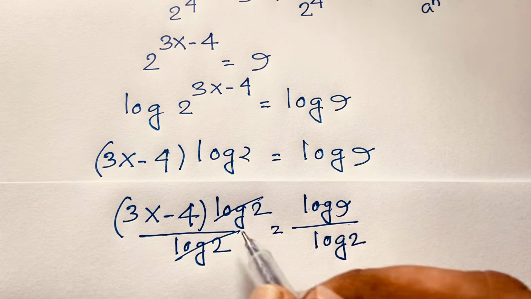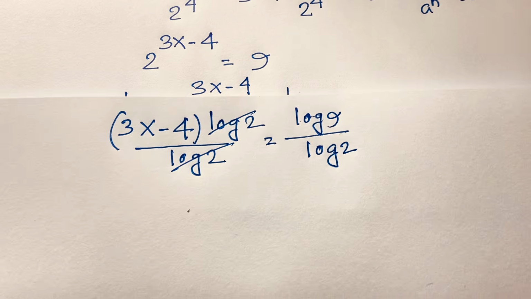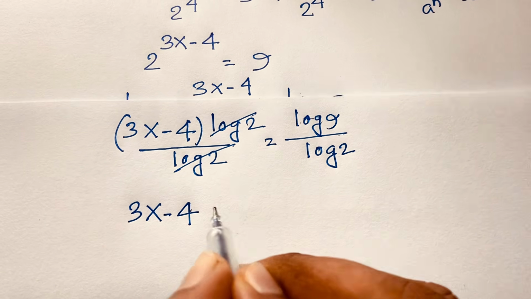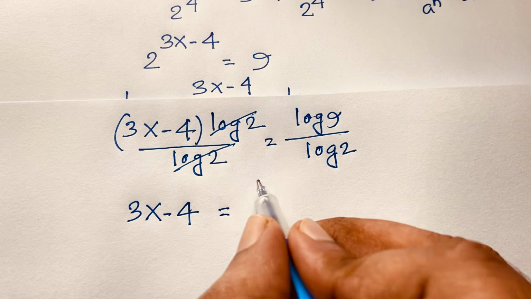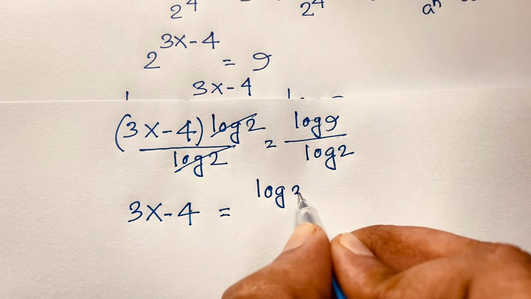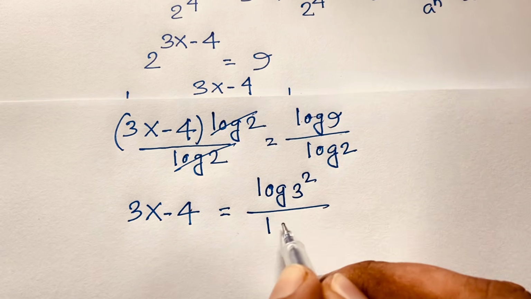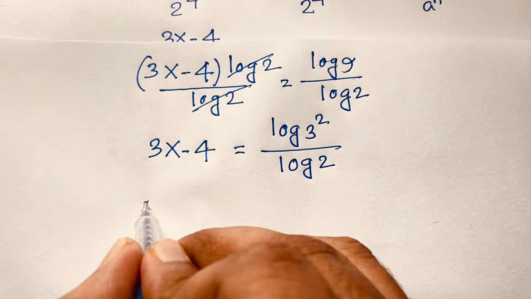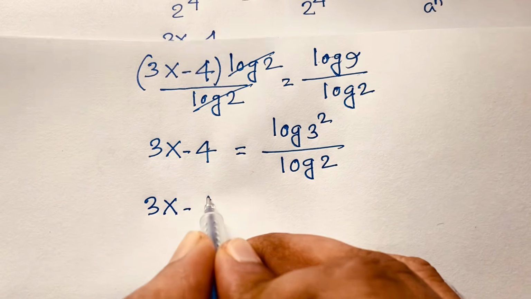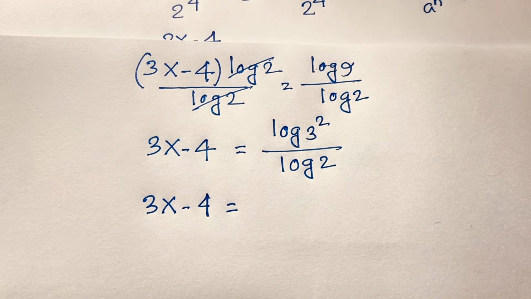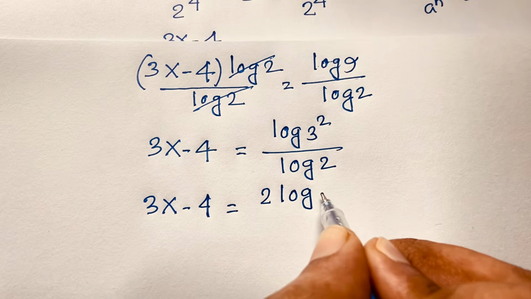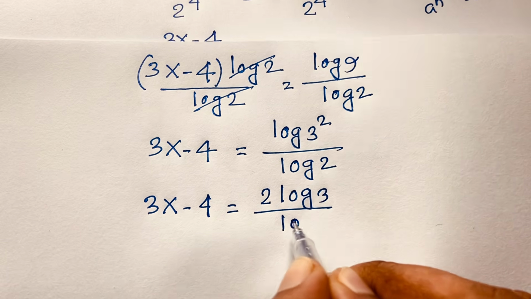Now this cancels out. We find 3x minus 4 is equal to log 9, which is log 3 to the power 2, over log 2. Now this is 3x minus 4, then this exponent moves in front, so it is 2 log 3 over log 2.